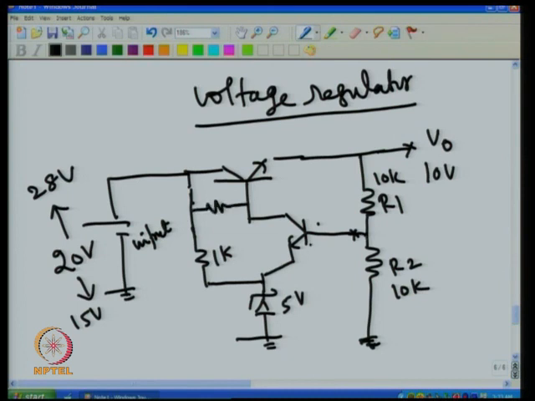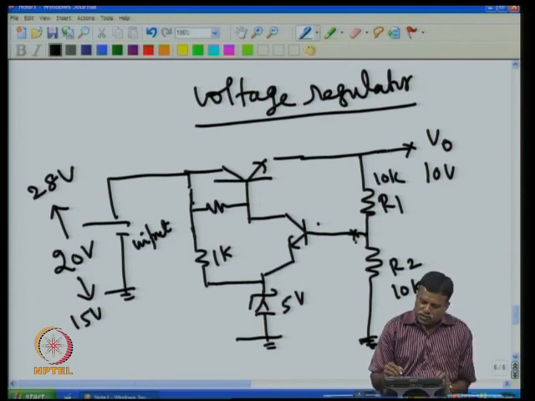So this is always at 5. Suppose the output voltage goes more than 10, then this will go more than 5. Then we assume that this has gone to 5.6, because if the transistor has to conduct, this has to come to 5.6, because unless it comes to 5.6, it will not conduct.